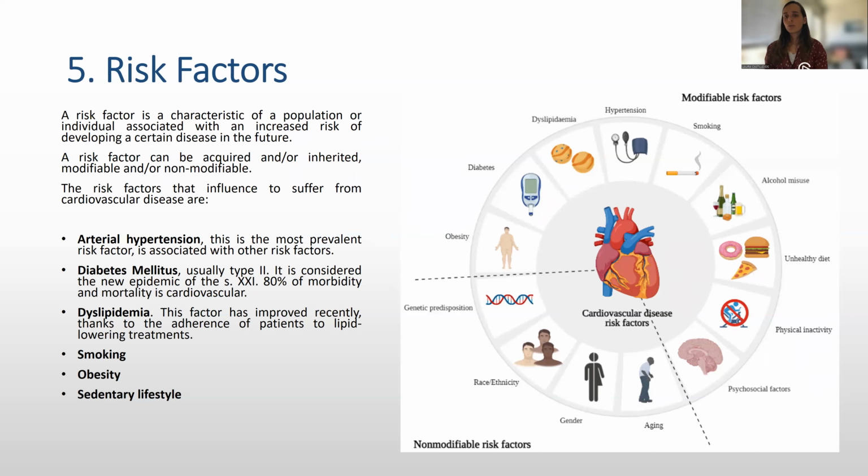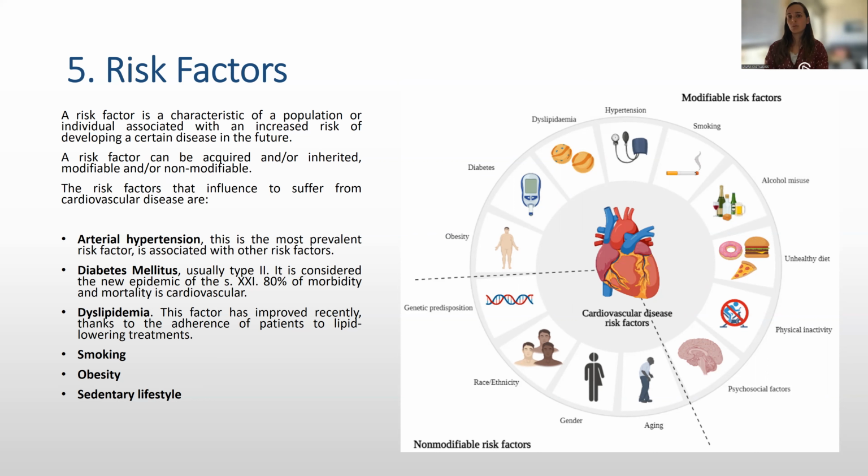So what do we call a risk factor? A risk factor is a characteristic of a population or individual associated with an increased risk of developing a certain disease in the future. Risk factors can be acquired or inherited, modifiable or non-modifiable.